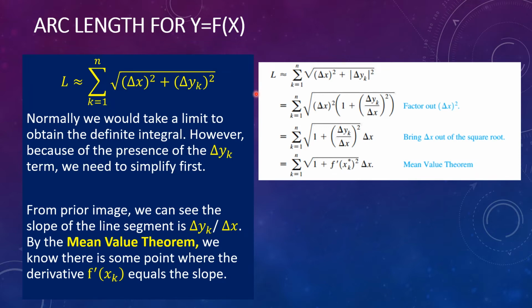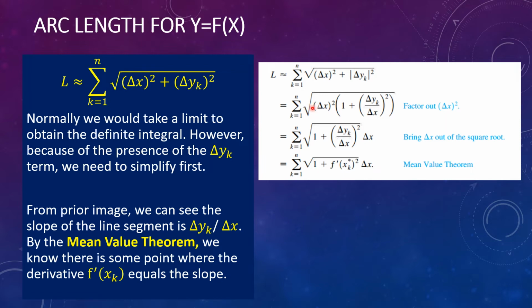we can do some algebraic manipulation, as you can see to the right. First, factoring out a delta x squared. Then notice here we get 1 plus the slope squared, and we can substitute in f prime for that slope.